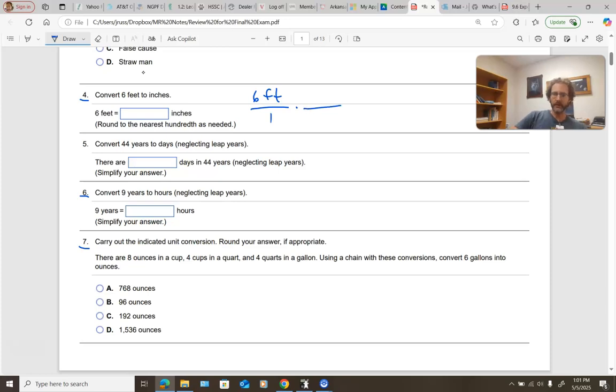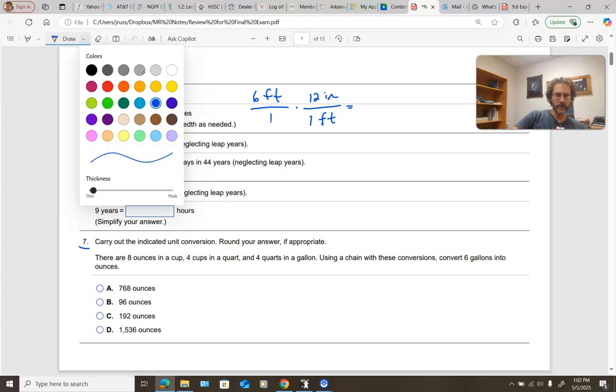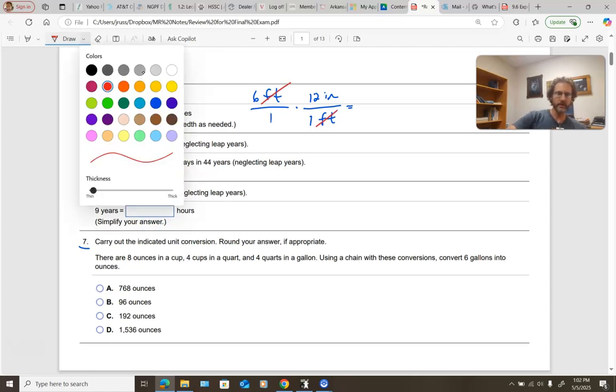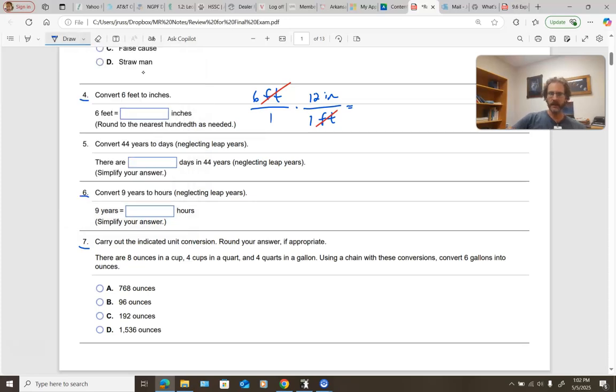So my conversion factor, I'm going to put 1 foot in the denominator and 12 inches in the numerator. Okay. And then just like we've seen, those units feet are going to divide out. We'll just multiply straight across. 6 times 12 is 72, and the unit left is going to be inches. Okay. So 72 inches.